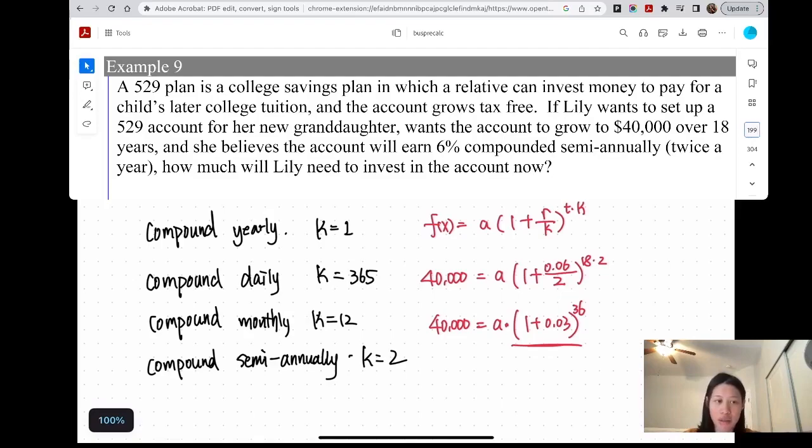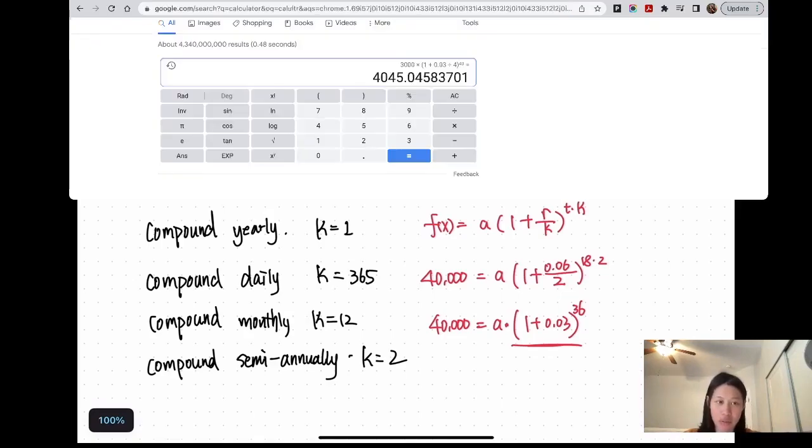So now let's use the Google calculator. Here's the calculator. We want to calculate 1 plus 0.03 to the 36th power equals what?